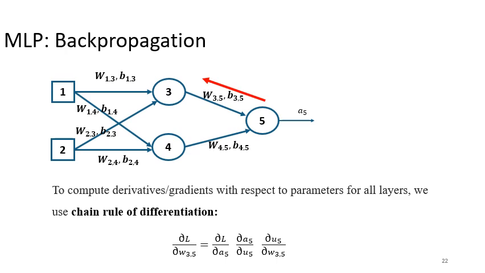We have the derivative of E5 with respect to U5, which is the activation function, and the last one with respect to the weight W35. By sequentially multiplying these derivatives, we obtain the overall gradient of the loss with respect to the weight W35. This calculated gradient guides the adjustment of weights during the backpropagation process, contributing to the network's learning and optimization.